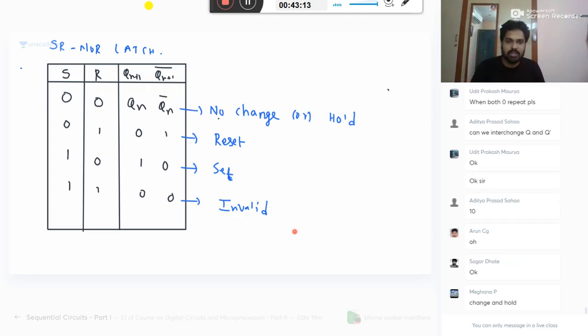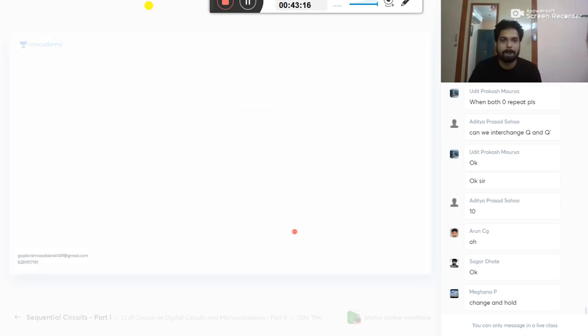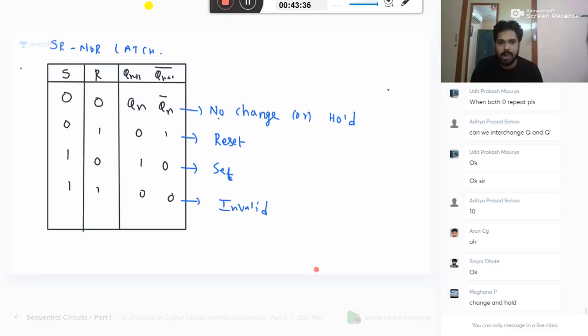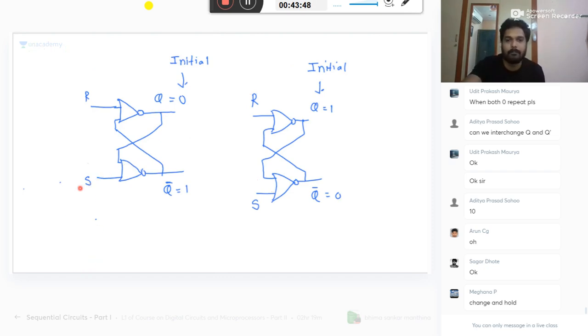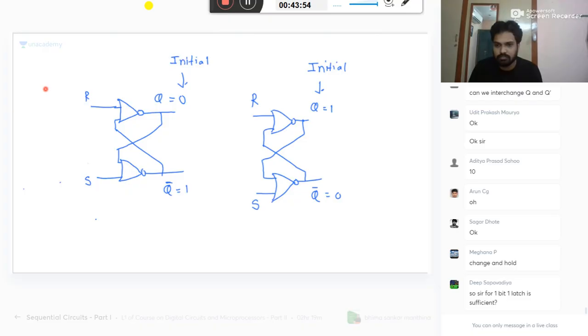So now come to the next state. If S equal to 1, R equal to 1, but one minute.